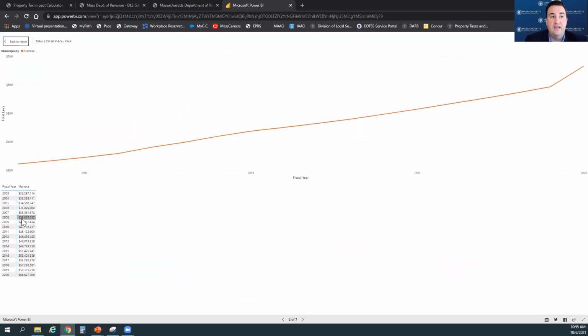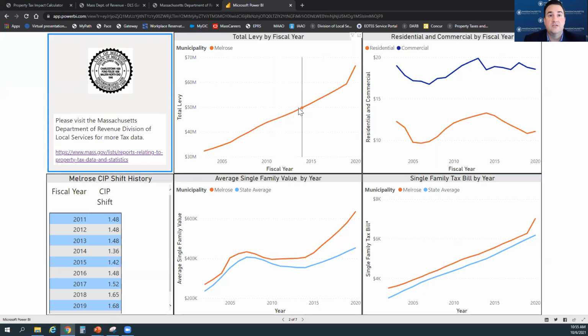If anyone generates that Excel file, you can build a graph like this to find out exactly where the levy has gone from year to year. At any point you can see what a debt exclusion and override actually looks like on the levy. You can see Prop 2.5 moving along, and then from 19 to 20, you can see a sharp increase.